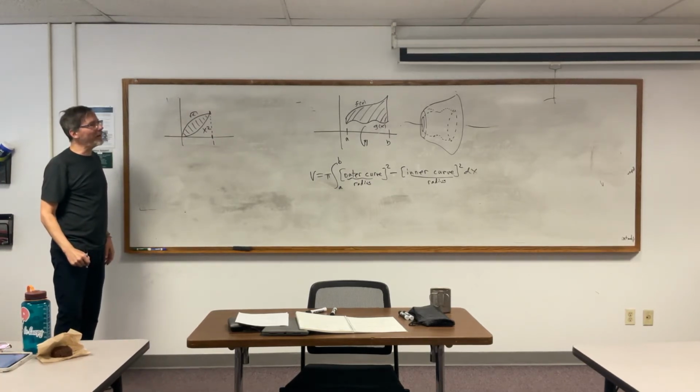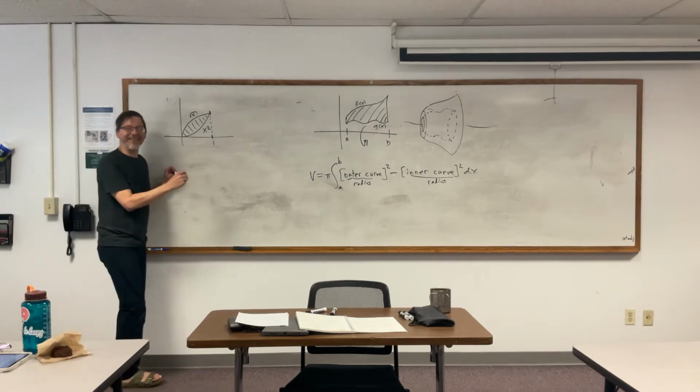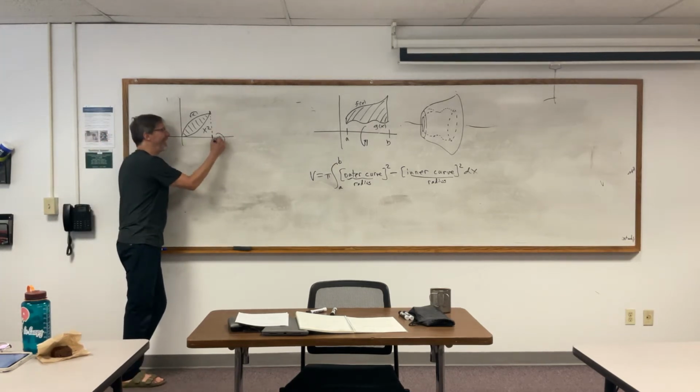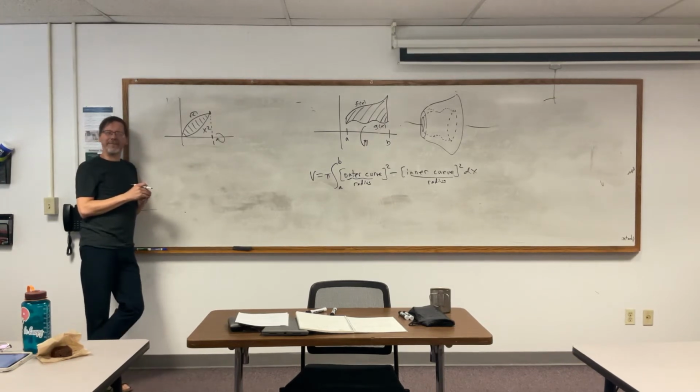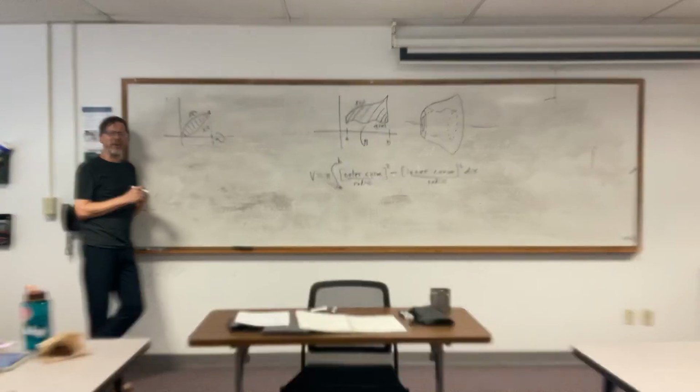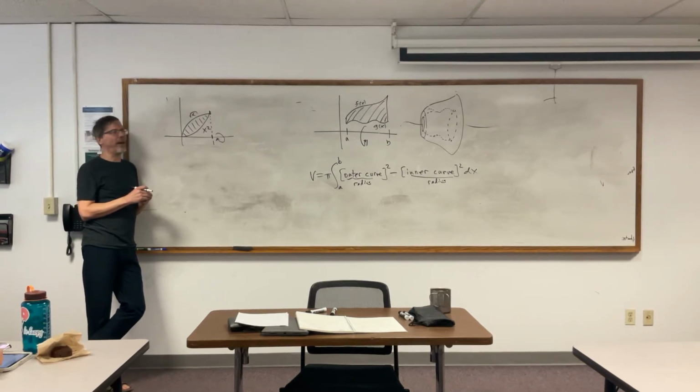What does it look like when I spin it around the x-axis? It's hard to explain in words in some ways, right? What does the outside look like, though?